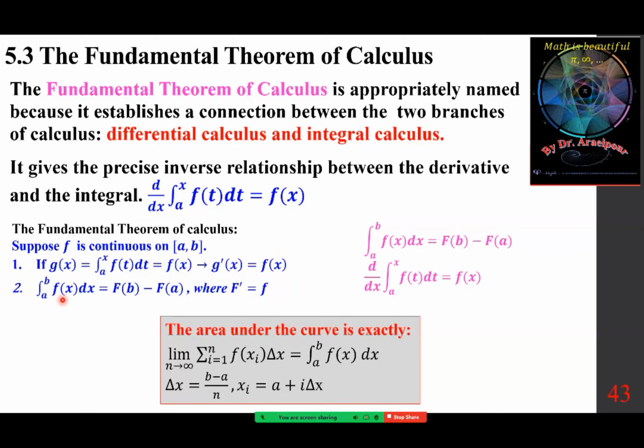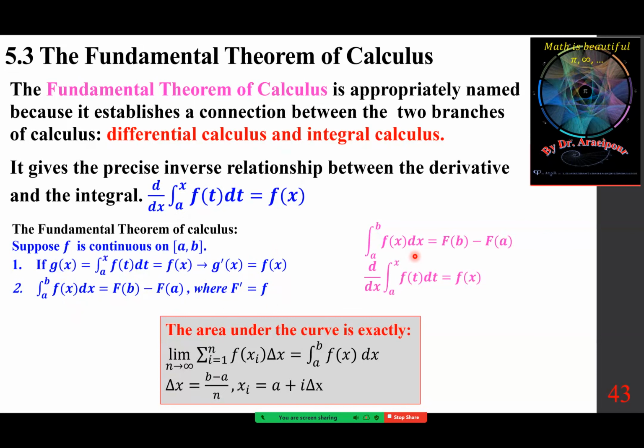If we have the integral from a to b of f of x dx, then capital F of b minus capital F of a represents this, where capital F prime is lowercase f. That's the same thing.